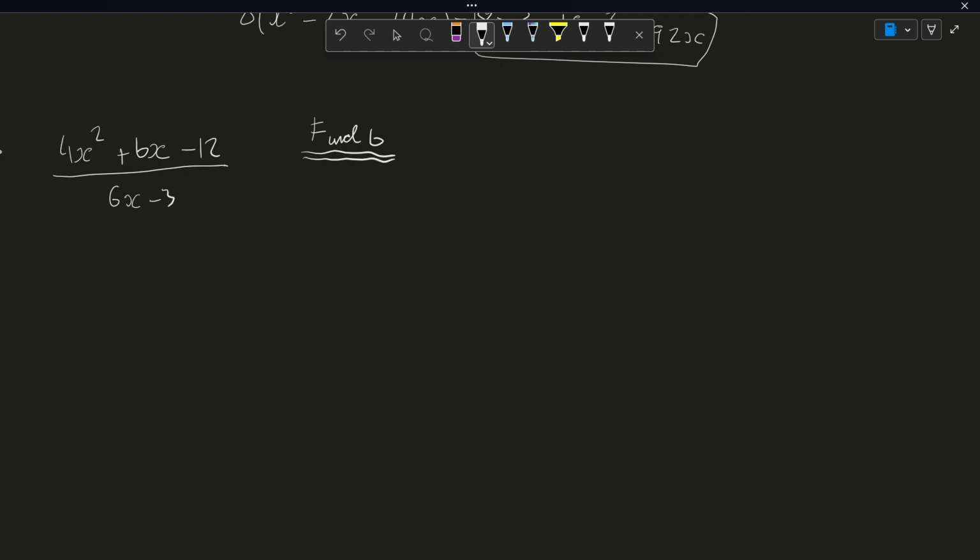My approach was first just doing 6x minus 3 and having a second set of brackets. So I can have alpha x plus beta, times 6x minus 3, equal to 4x squared plus bx minus 12.